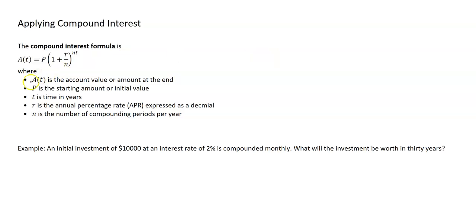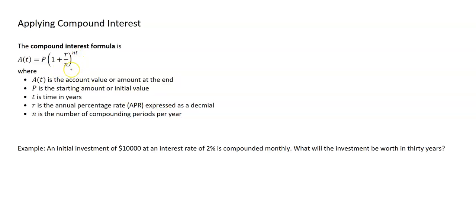Now, what these values mean: A of t is the amount in the account after a specified number of years t. P is the principal, or the initial value. R is your annual rate, expressed as a decimal, so do be careful there.